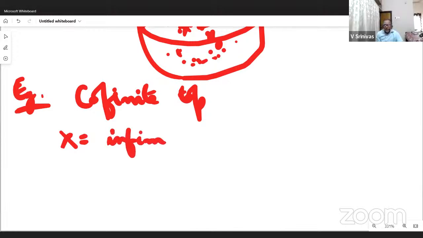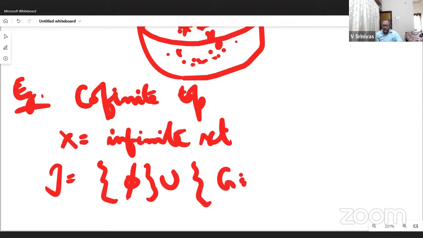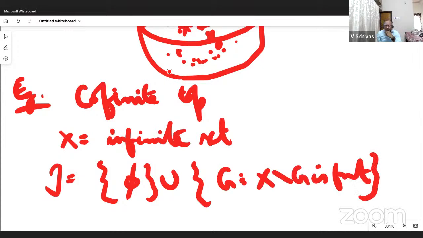Let tau consist of phi union those sets G such that X minus G is finite. So let tau consist of the empty set and those subsets G of capital X whose complements are finite.